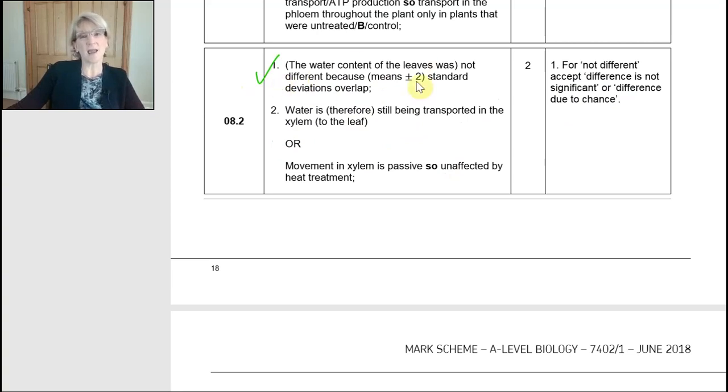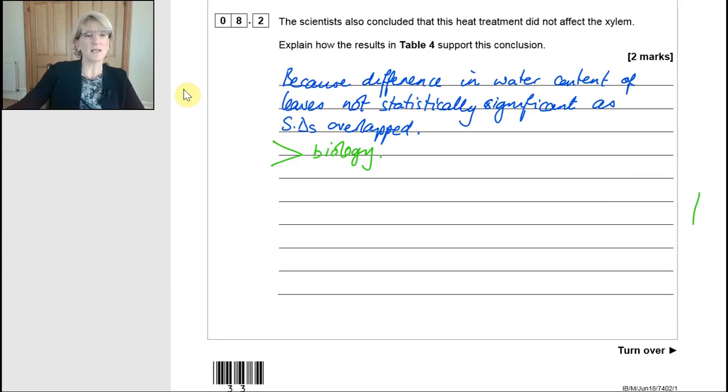There is the evidence that supports it, but I didn't talk about the biology, so I didn't get the second mark. My learning from that is that I need to read the question: explain equals talk biology, as well as the results in this case.